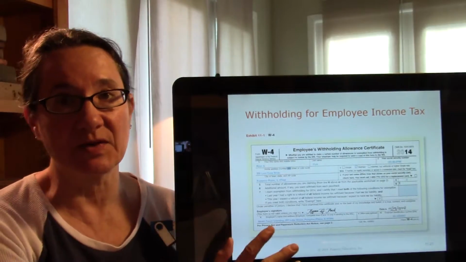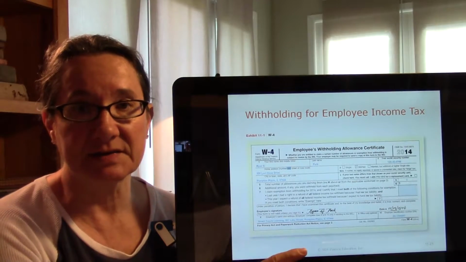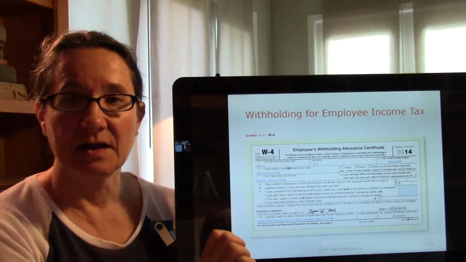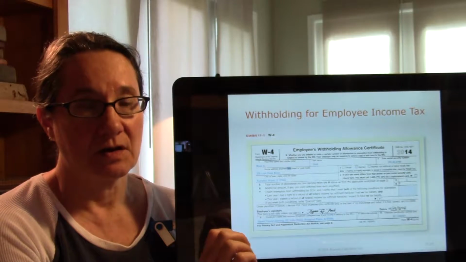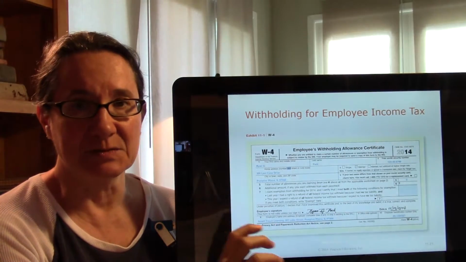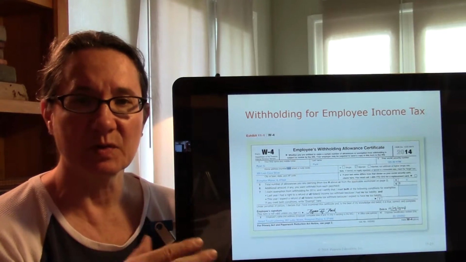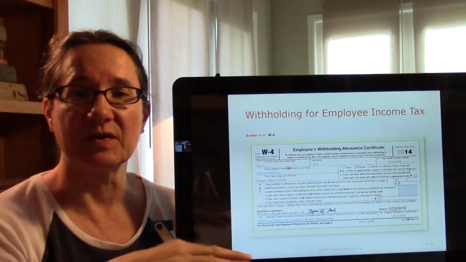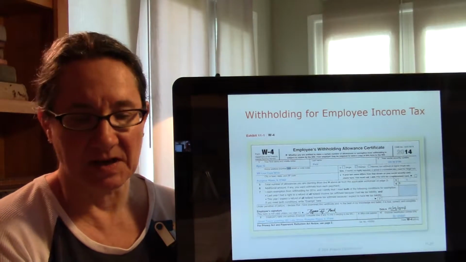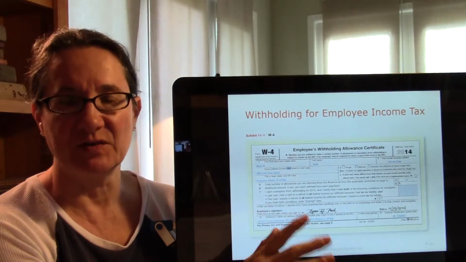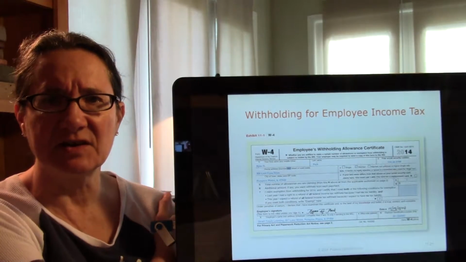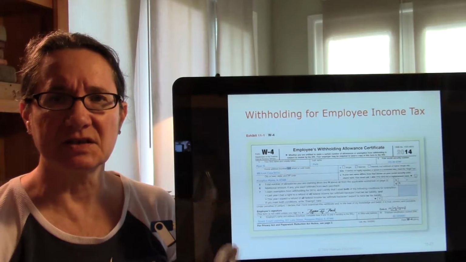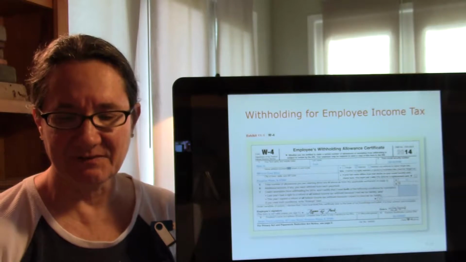So here's an example of a W-4. I'm not going to expect you to use or read that, but when we're doing exams in this class, I'll just tell you the employee's federal income tax withholding is some certain amount. It's a little difficult. You have to use tables, and to actually figure that out, it's a little complex. So we're not going to worry about figuring it out.